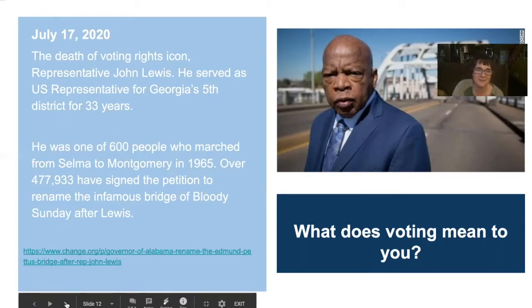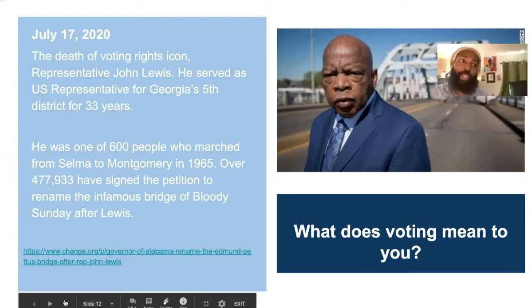And the local elections play such a strong role in what happens in our daily lives that we just really need to see people turning out for those as well as some of the bigger elections. Definitely, we need more people getting involved in local elections and just all levels of our democracy.